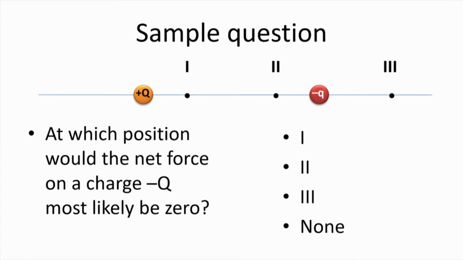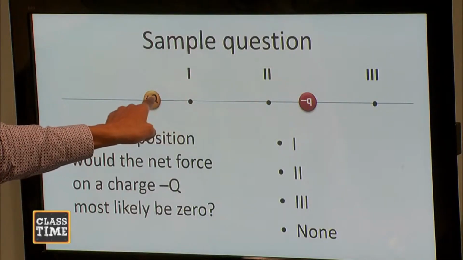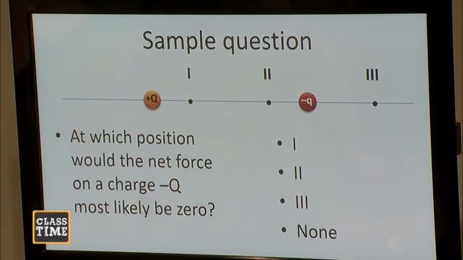Those are your options. Let's look at position 1. At position 1, it was a negative charge, so this charge will attract it this way, so it will experience a force that way. Maybe I should draw it.